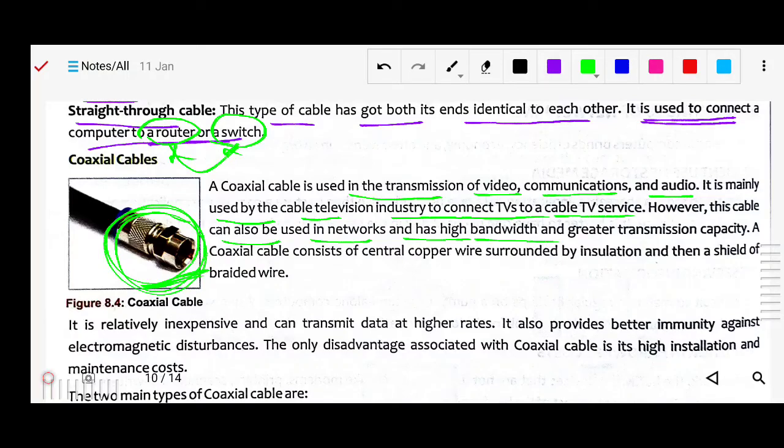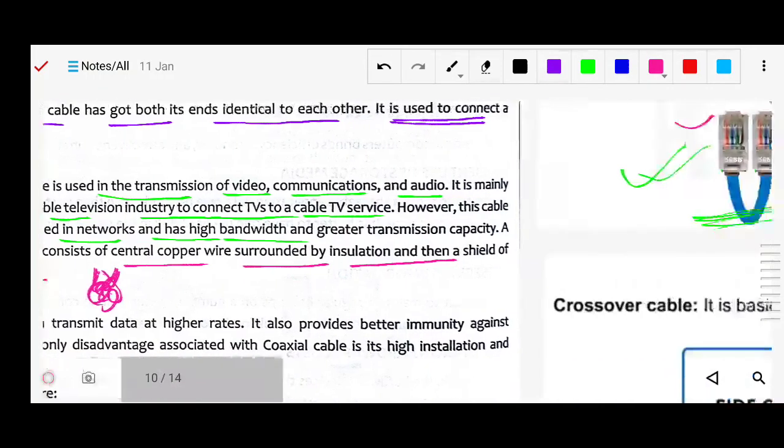A coaxial cable consists of a central copper wire. Here, in the center part, is the copper wire, surrounded by insulation and then sealed off by braided wire. The braided wire means there are so many wires, like this kind of wire, many of which you can see here in this figure.